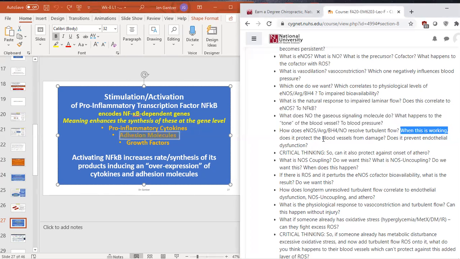And when it is working, we absolutely protect ourselves and we prevent endothelial injury and we prevent endothelial dysfunction. And if you have a system where you already have endothelial injury and endothelial dysfunction, guess what? You restore eNOS and you restore vasodilation and you reverse endothelial dysfunction.